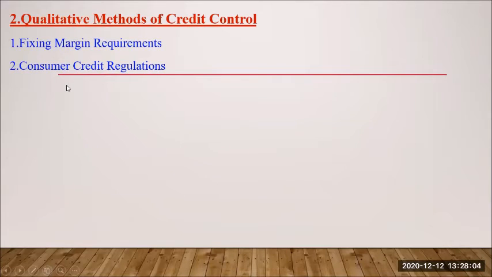In that also the installment amount, down payment amount, then duration, everything will be fixed. During the time of inflation, the credit will always be short term, whereas during the time of depression and deflation period, the credit will be long term. Credit facilities will be provided for the reconstruction or for the recovering of the economy. Third one, publicity.